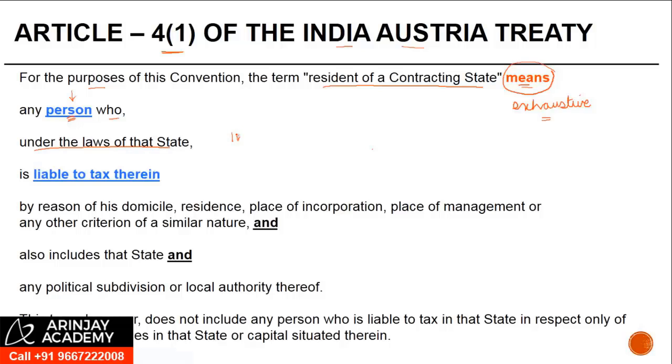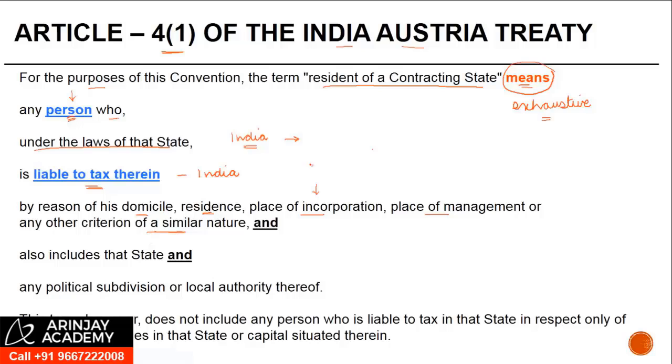If I am trying to find out whether a person is a resident of India for the purpose of claiming the benefit under the India-Austria Treaty, then a person who under the Indian laws is liable to tax therein, which means he is liable to tax in India, right? Why? By reason of his domicile, residence, place of incorporation. This may apply to a company, place of management, or any other criteria of a similar nature, right?